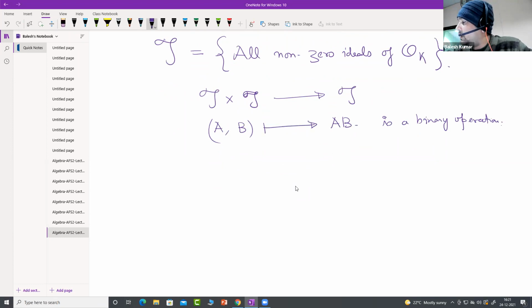So we have this binary operation, and it can also be checked that this operation is commutative as well as associative.